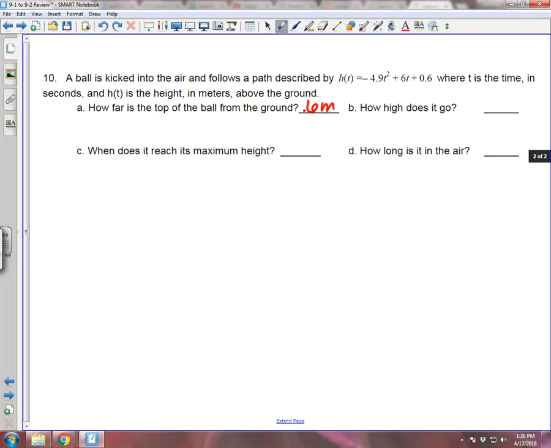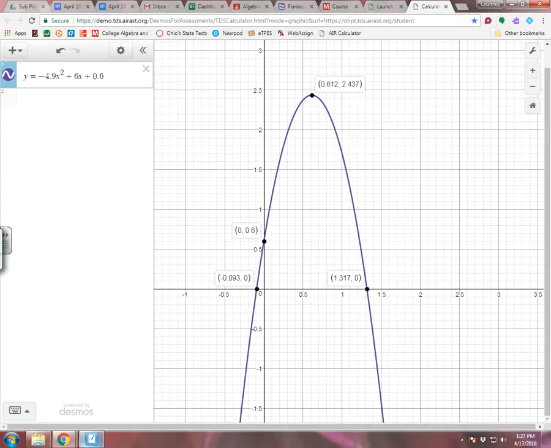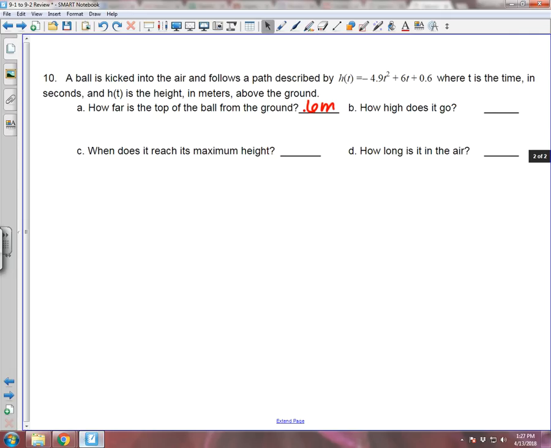How high does it go? I didn't tell you what to round, so just put them all in there. Good. 2.437 meters. When does it, when is asking for a time.